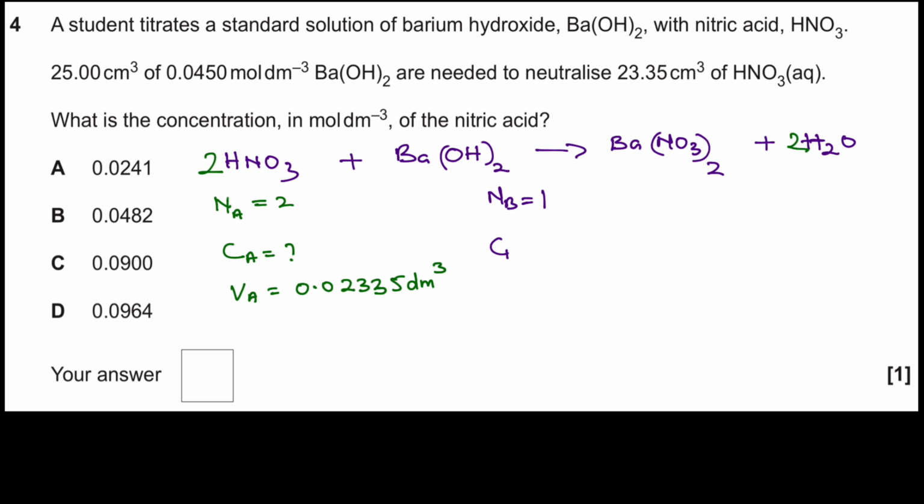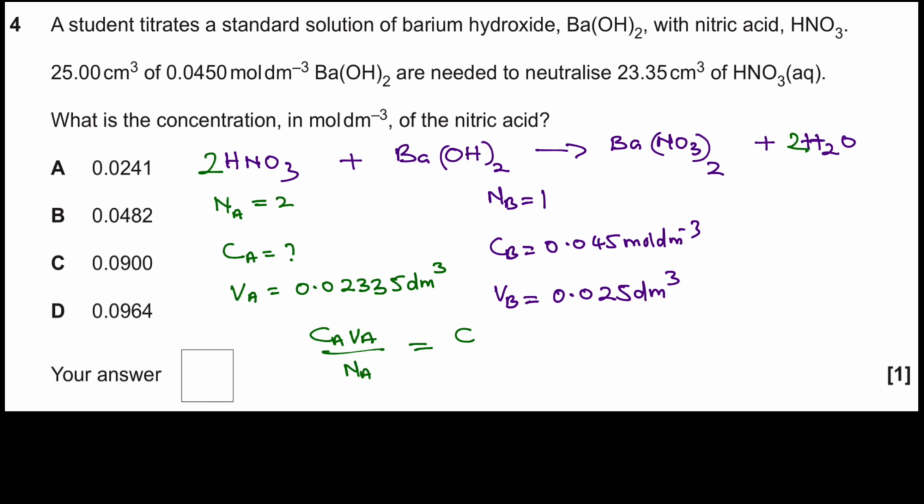And Cb is the concentration of base at 0.045 mole per decimeter cube, and the volume of base will be 0.025 decimeter cube. We can use the straightforward formula Ca Va over Na equals Cb Vb over Nb.